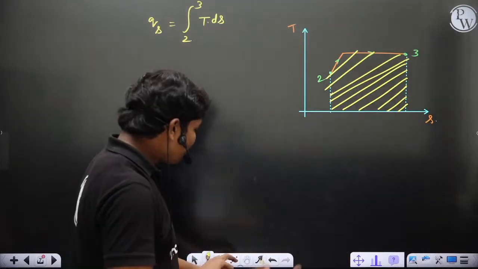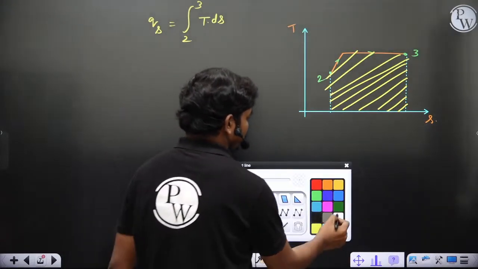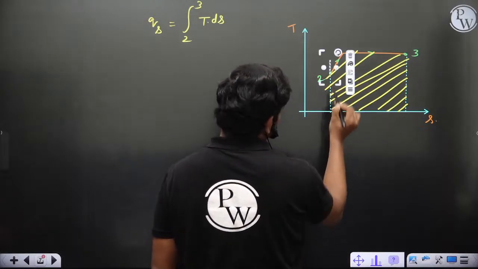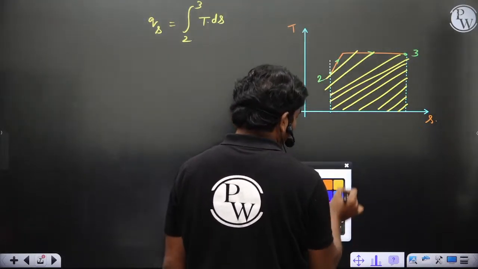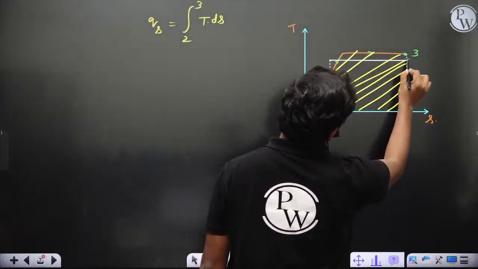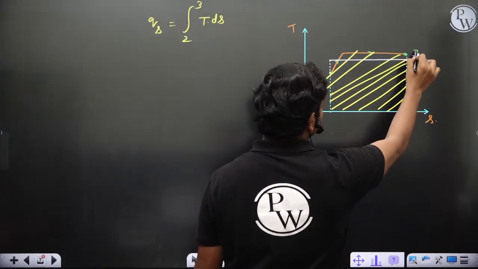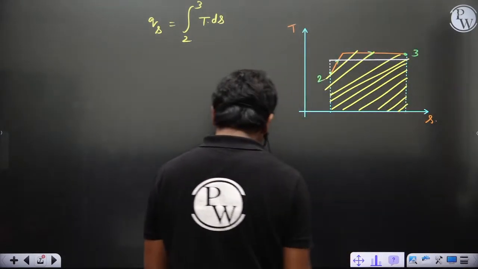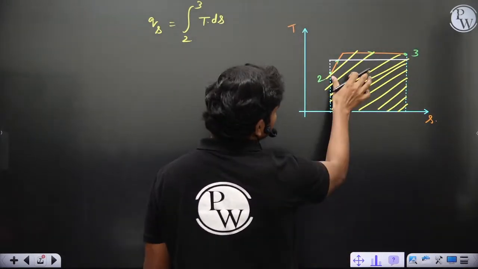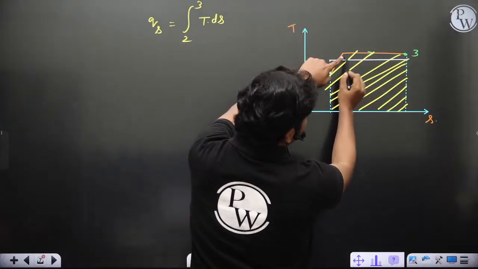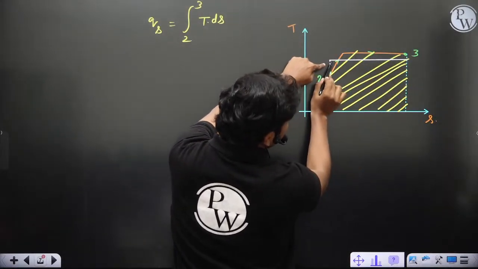Now we can define some temperature somewhere like this, such that whatever area you are losing on the top, the same area you can compensate here.